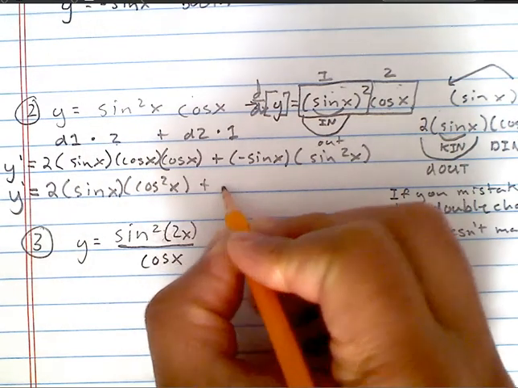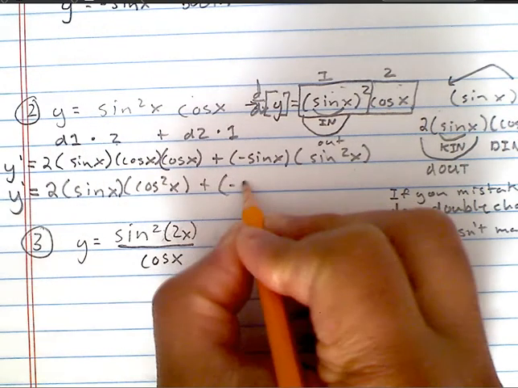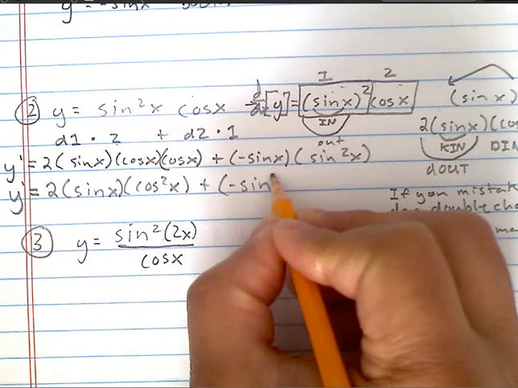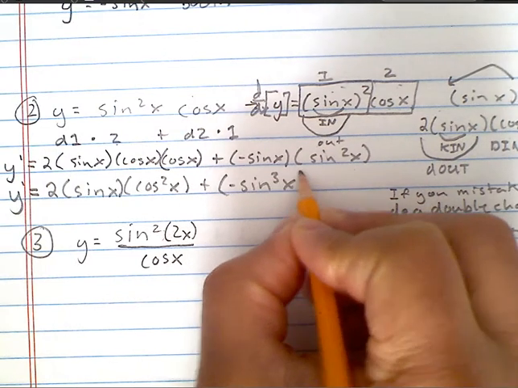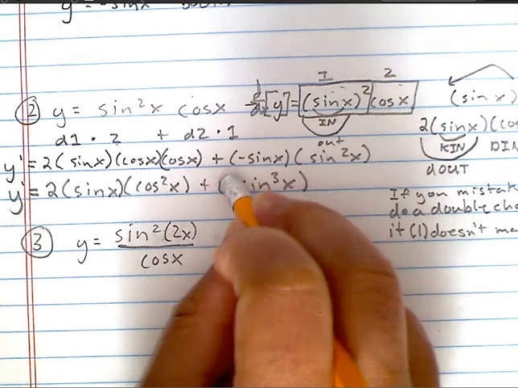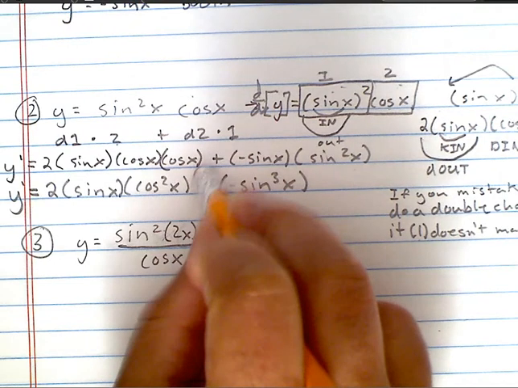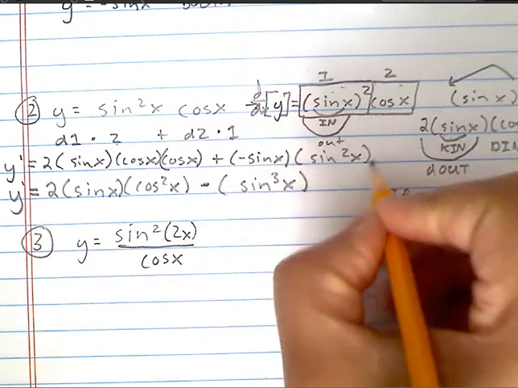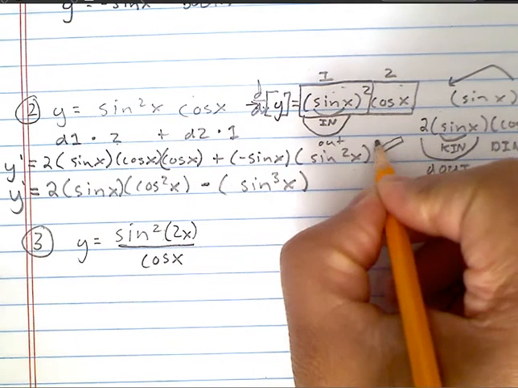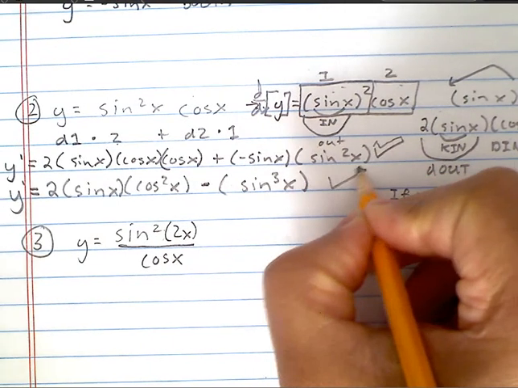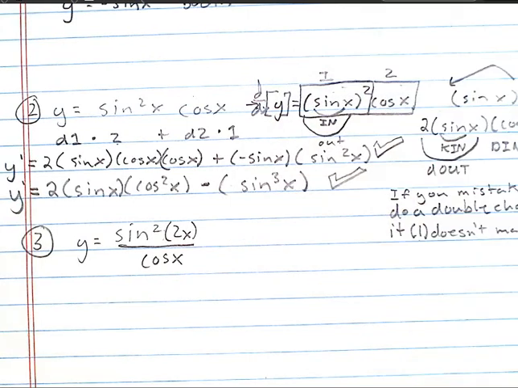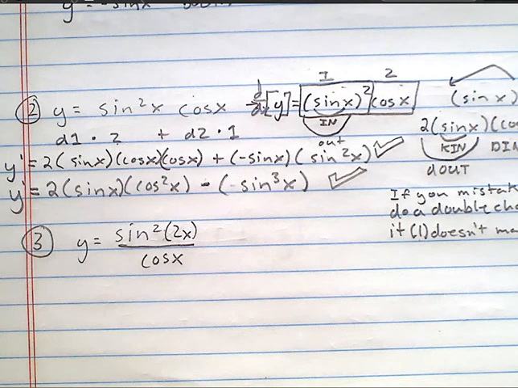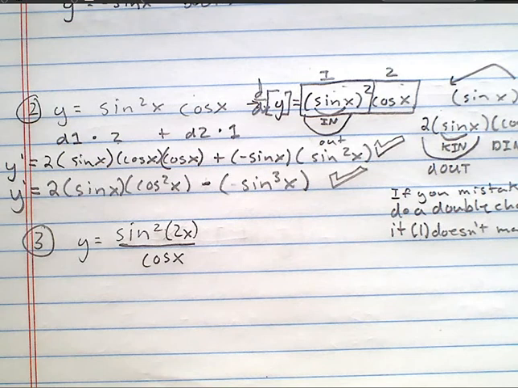And that's a negative sine cubed x. And I can really just change that to minus. And I'm good to go. Those are both correct. Alright, moving on.